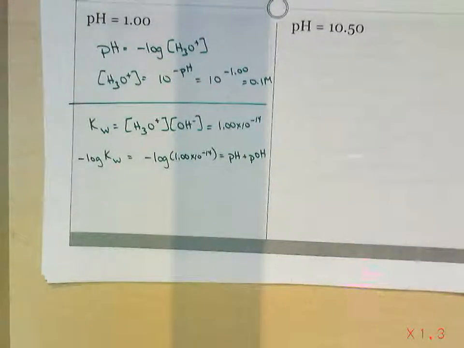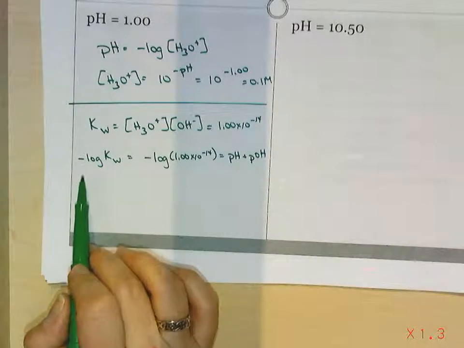If I took the negative log of everybody, the negative log of Kw is that numerical value.